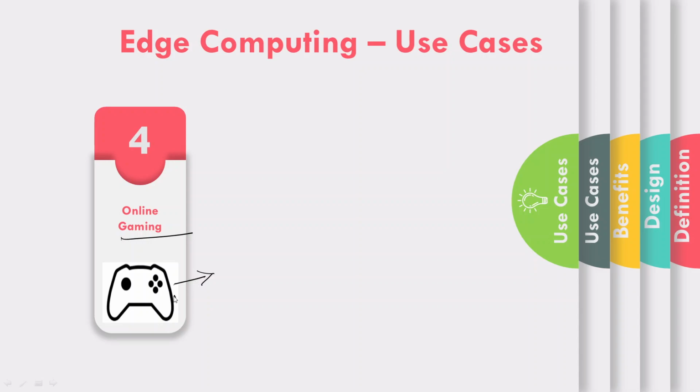Online gaming requires real-time, minimum latency, and this can only be achieved by placing the servers of online gaming closer to the user. These servers are called edge servers because they are placed closer to the location of the gamers.